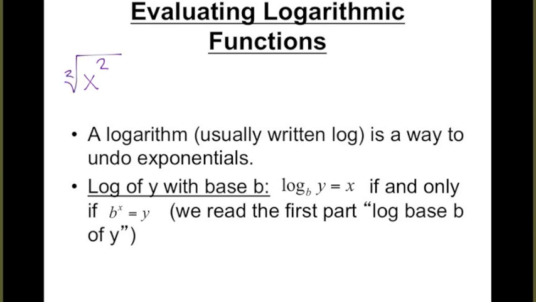But now with exponentials, we're thinking about something like 2 to the x, but we can't undo that with an x root, because a root asks us, whatever type of root it is, how many times do we need to multiply? So a square root, we're looking for something to multiply twice. But here we're looking for something, an unknown, to multiply x times, another unknown. We can't do that. So taking a root will not fix an exponential. It'll fix a power, but it can't fix it if that x is up in the exponent.